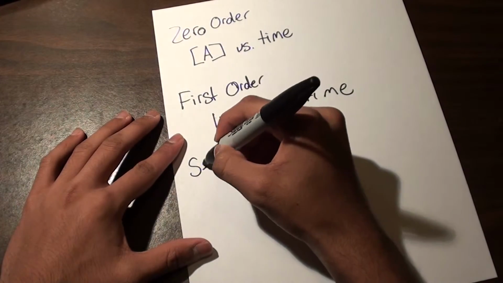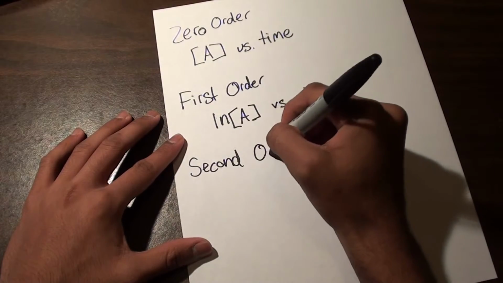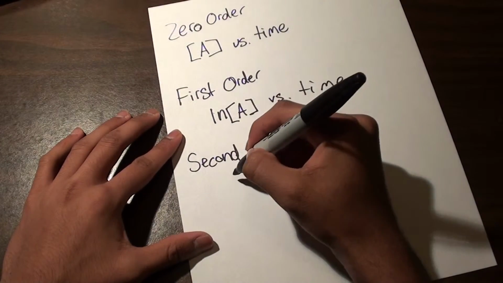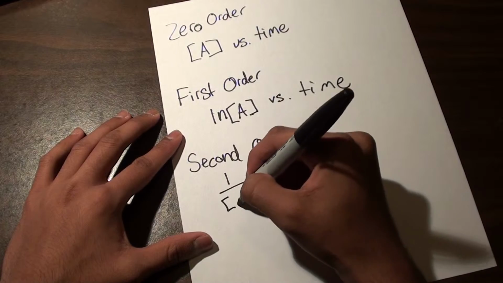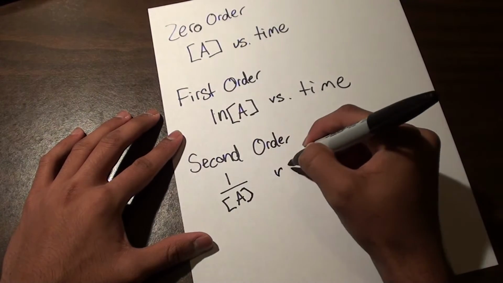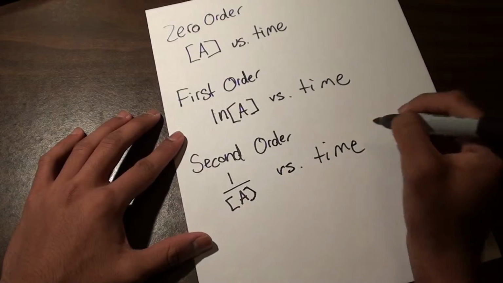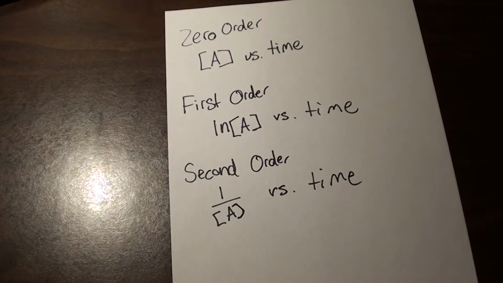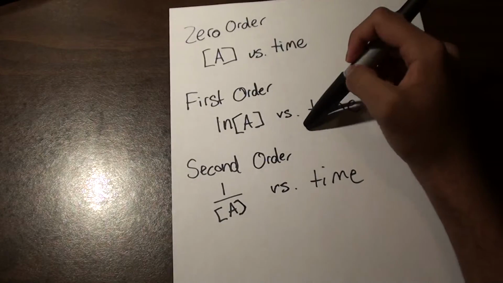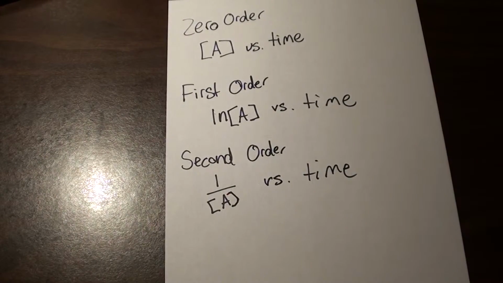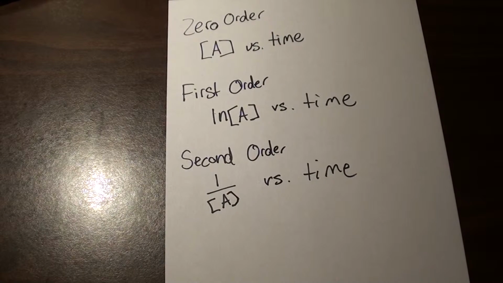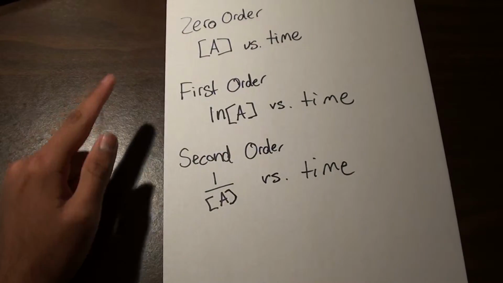And for second order, you do 1 over the concentration of A versus time. If you have the data from an experiment on how the concentration of a reactant changes over time, you can just graph these three things and see which one is the most linear graph, and that will indicate what order A is.